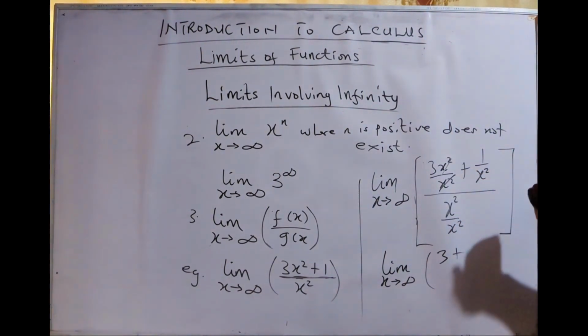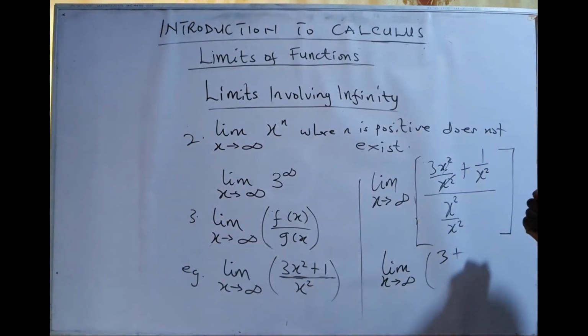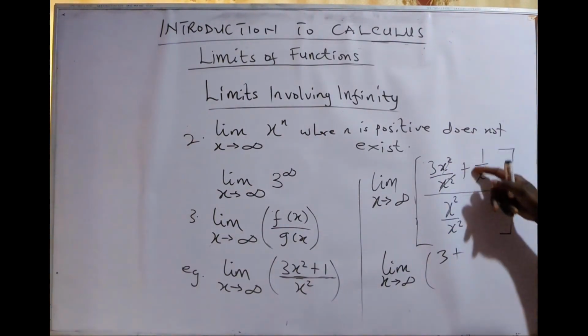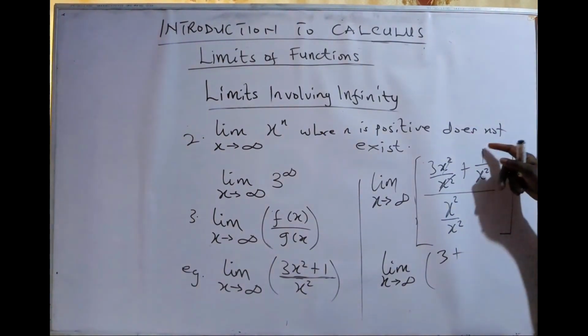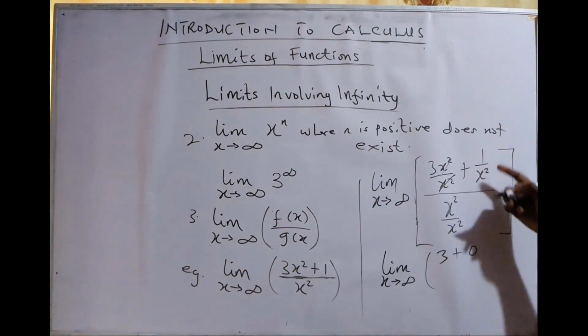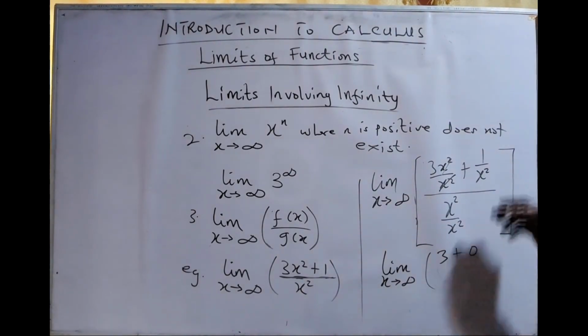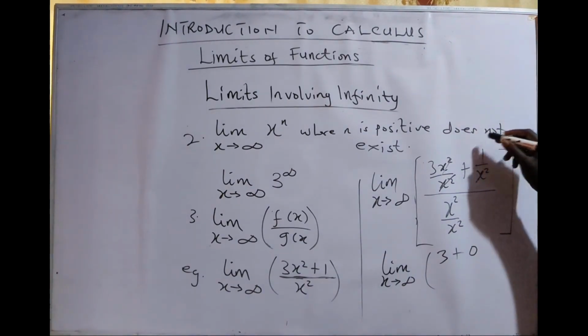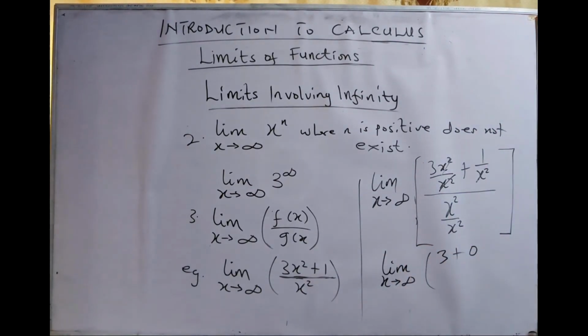Is going to be a very large value. And if the denominator is a large value, then what happened to the entire expression or the entire function here? It here will be 0, so plus 0. Because as the denominator is becoming a very large value, the expression will be approaching what? Will be approaching 0, so it will be 0.